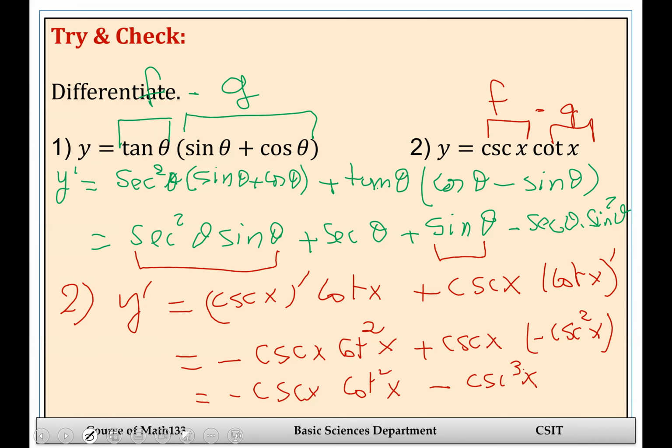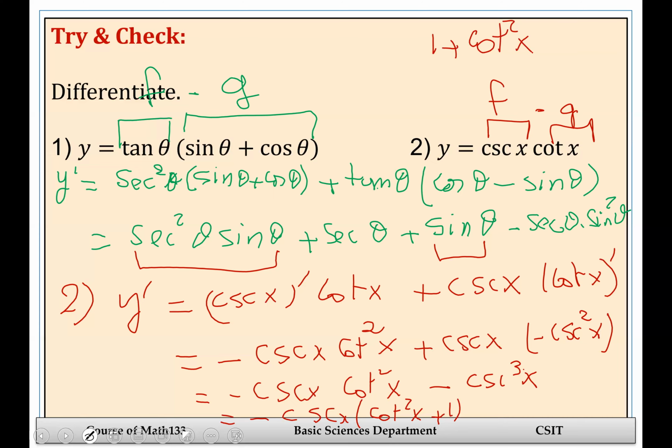So put minus cosecant x common factor. It will be common factor cotan square x plus 1. And cotan square x plus 1, this is cosecant square x. Remember that we have 1 plus cotan square x. Cotan, by the way, is cosine over sine.